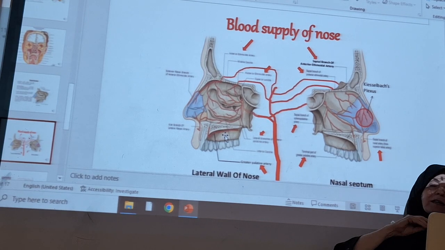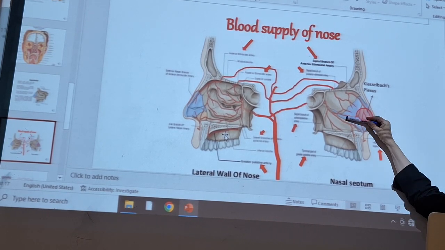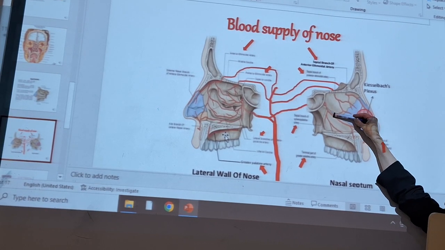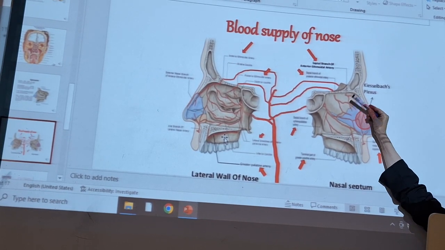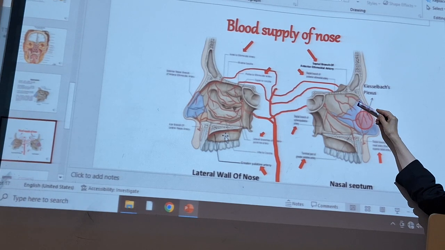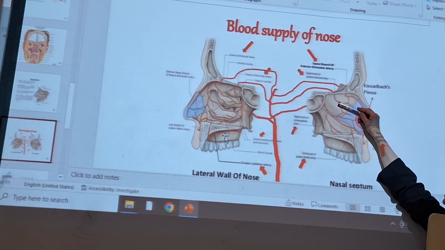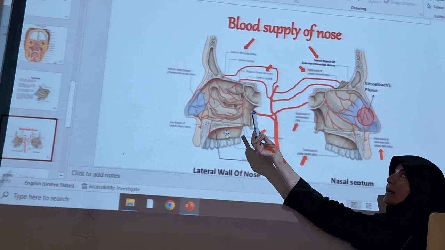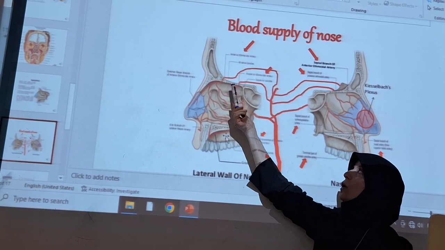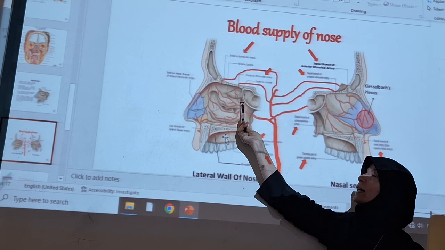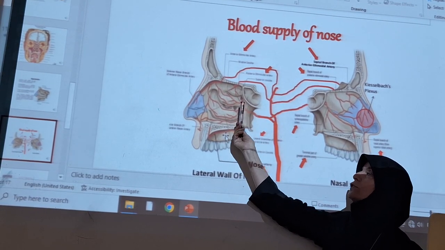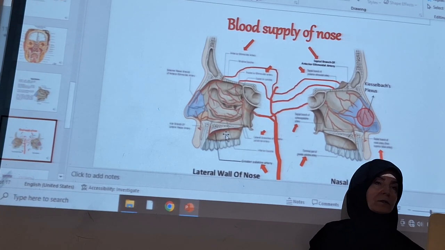In the medial surface, look at this picture, you have a branch that belongs to the maxillary, the sphenopalatine artery, a branch of the anterior ethmoidal, and a branch of the posterior ethmoidal. In the lateral surface, anterior ethmoidal, posterior ethmoidal, and a branch of the sphenopalatine. This sphenopalatine has some branches for the lateral surface.